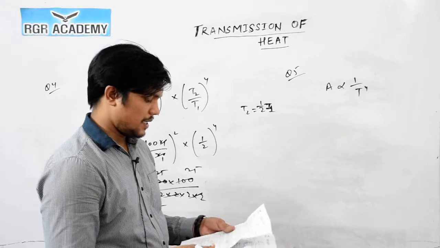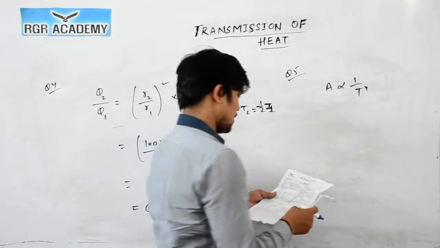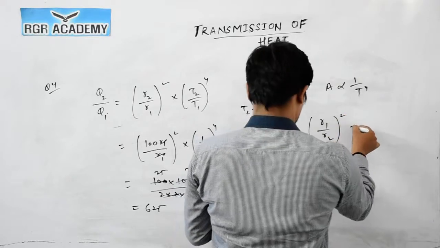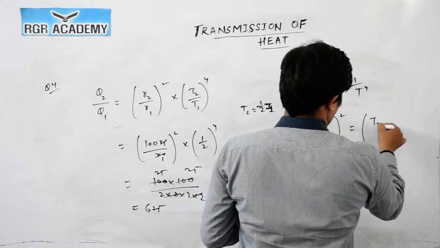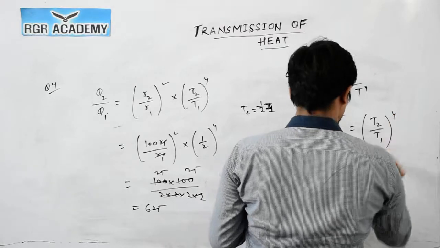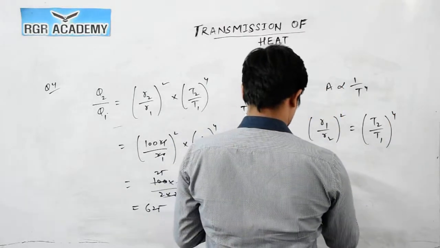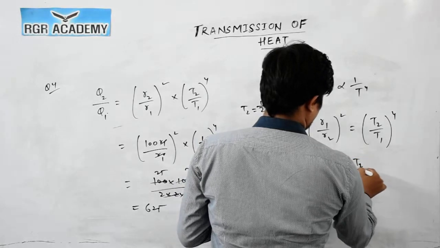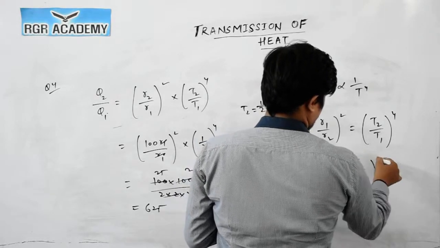Area is given by 4 pi R square. So we can say that (R1 by R2) square will be equal to (T2 by T1) to the power 4. So you replace here, R1 by R2 will be equal to (T2 by T1) to the power 2.